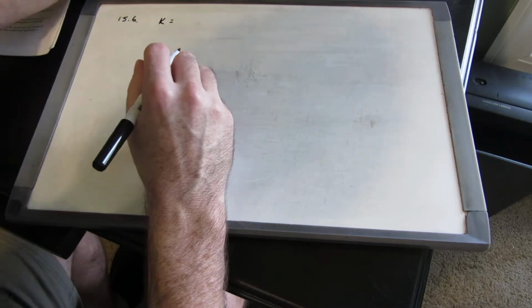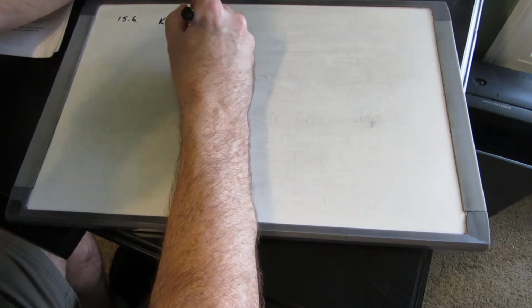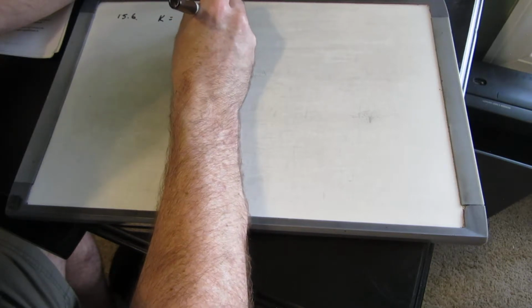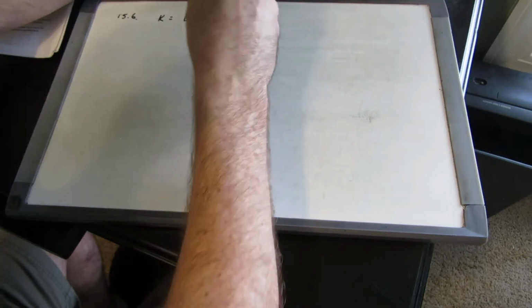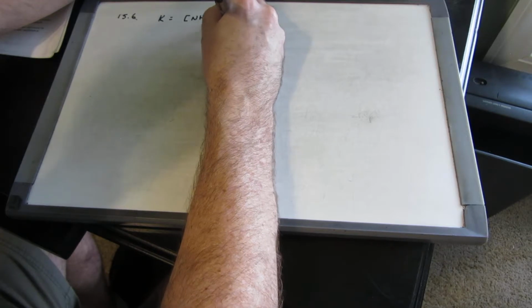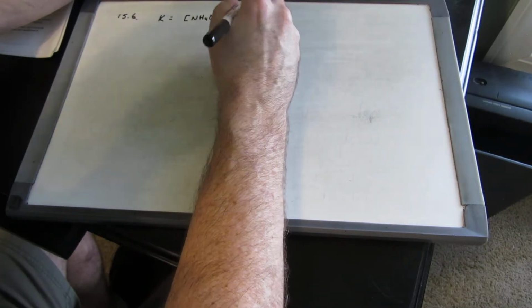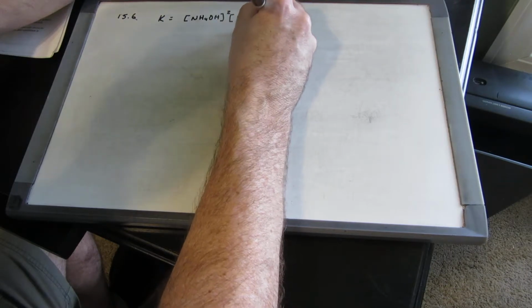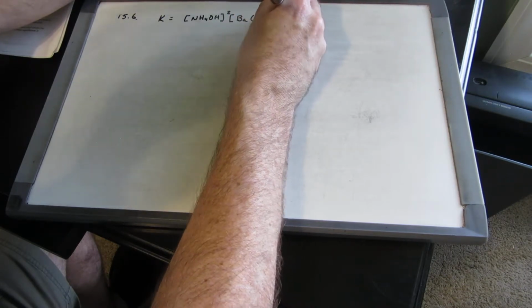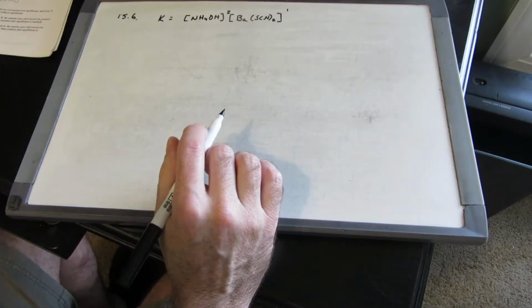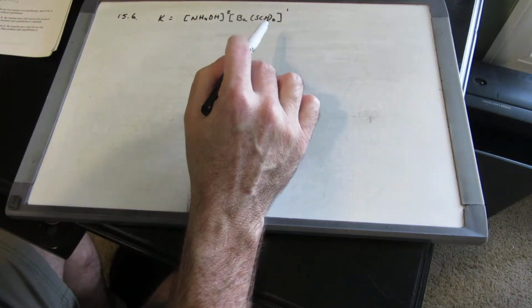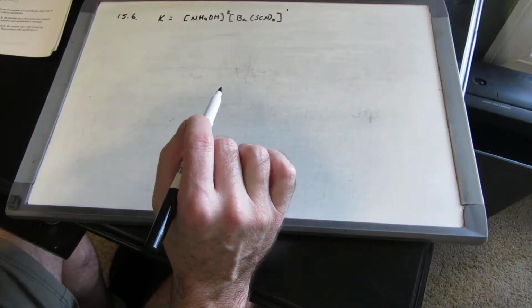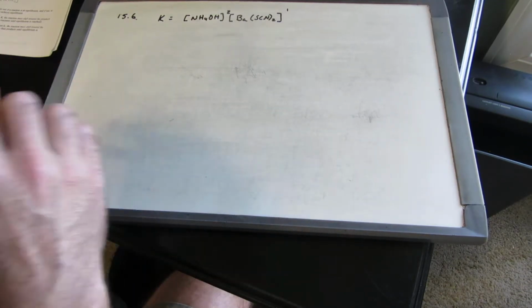So K is the concentration of NH4OH, and that's squared because the coefficient is 2, times the concentration of Ba(SCN)2, and that's to the first power. And so that's it. There's no denominator because the left side is just solids. So that is 15.6.